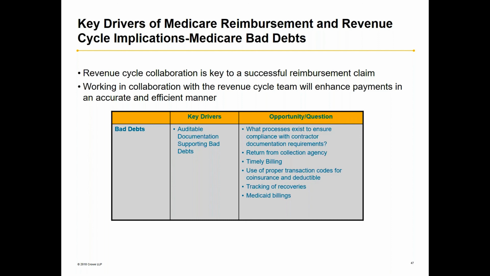So have we got a policy in place to get this returned from the collection agency? The timely billing: understand what your contract or your MAC determines is the timely billing phase of that, and are you doing the timely billing properly? So these are some of those opportunity questions you can take a look at to gain an understanding if you're reporting your Medicare bad debts properly.